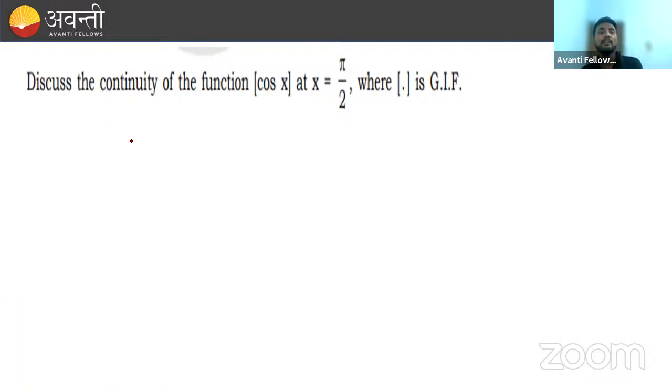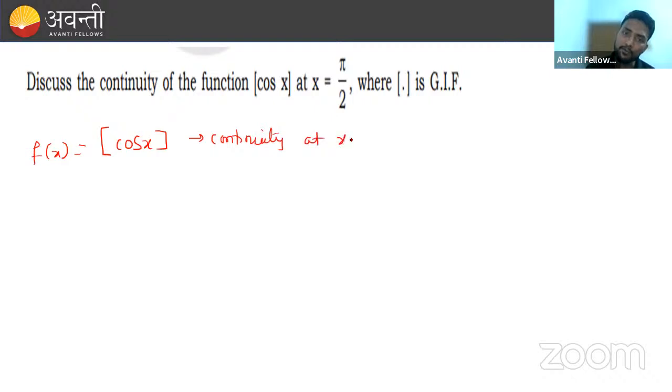Here we have to check the continuity of the function f of x equals greatest integer function of cos x at x equals pi by 2. This is the greatest integer function. What I will do, I will first find LHL.